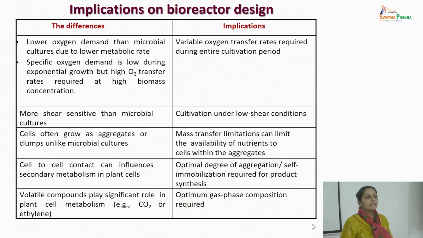We had ourselves done that experiment in Vanilla planifolia cell suspension cultures, and we came up with a power law model where we could easily see, after doing it in the log phase, that as the cell density was increasing, the Newtonian behavior was lost.